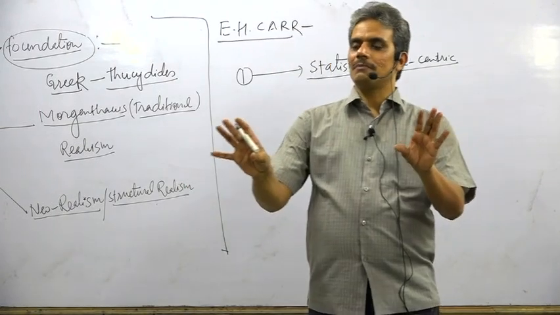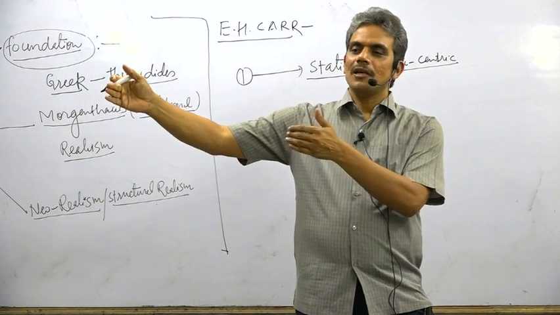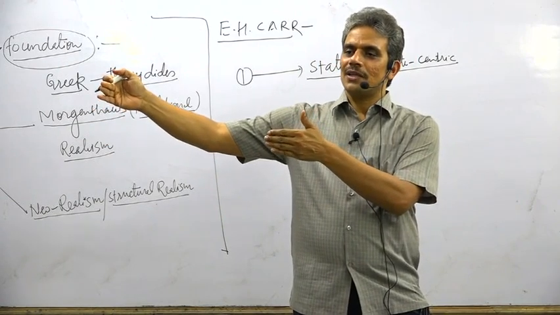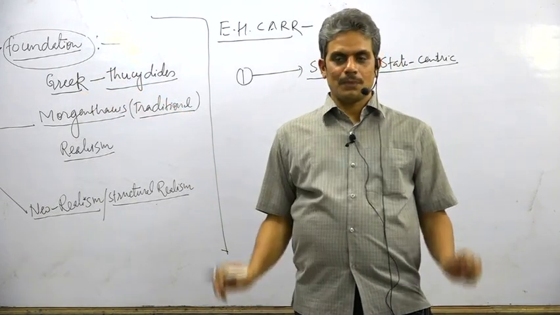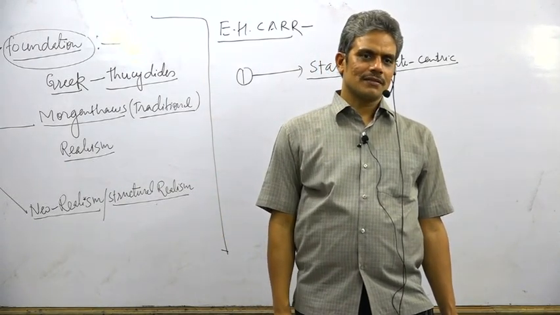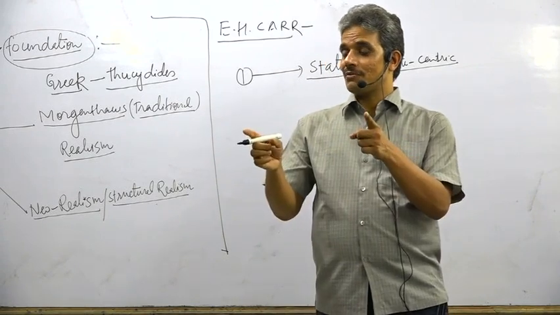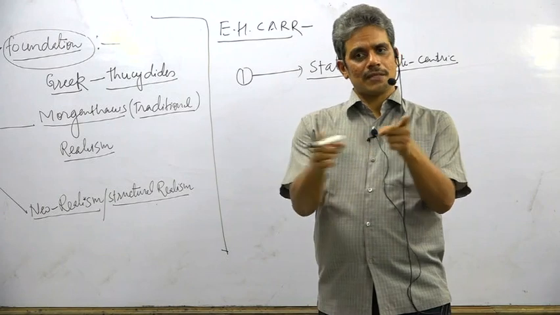Let me give you an example. Recently you might have seen that a BRICS summit was organized in Goa. Did the Chinese president criticize Pakistan? Not at all. He was not ready to criticize Pakistan.